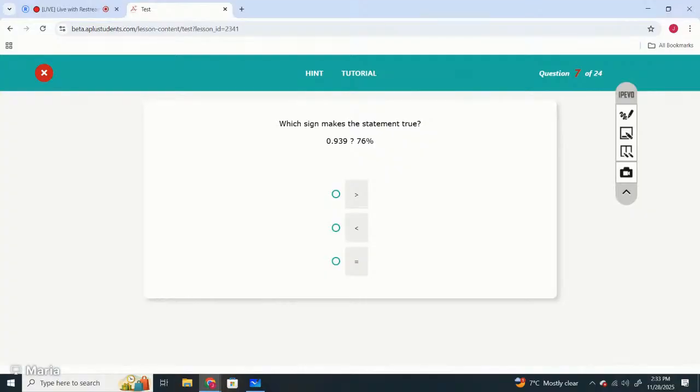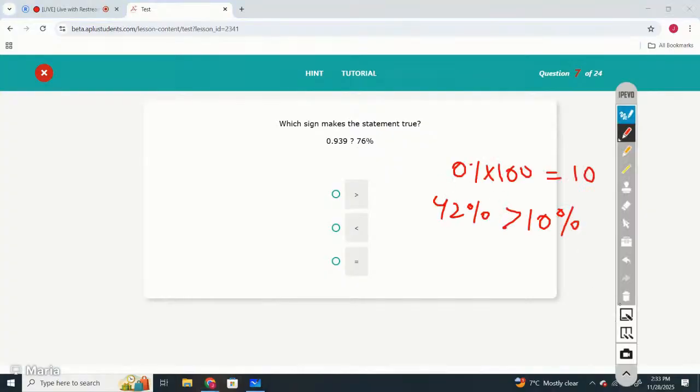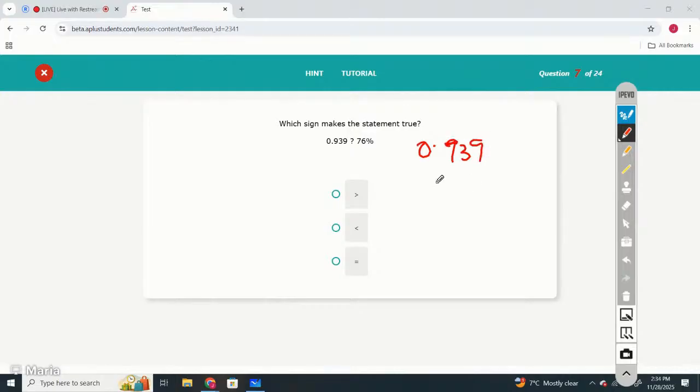Which sign makes the statement true? 0.939 and 76%. So convert it to the percentage form. So just multiply it by 100.